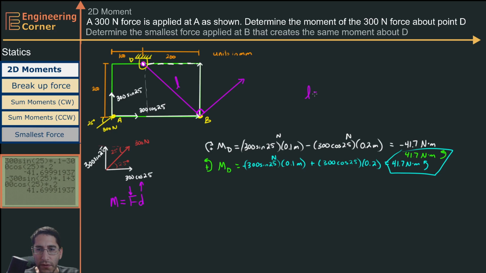And this length is going to be equal to, well, we have a right triangle. So we're going to have the square root from Pythagorean theorem of 200 squared plus 200 squared.